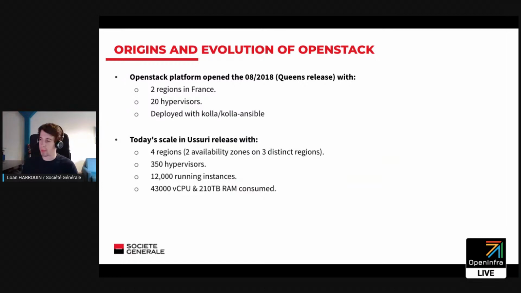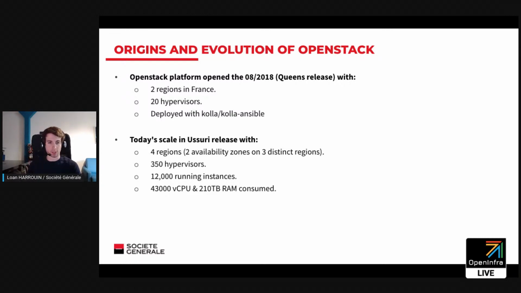So let's talk about the origin of OpenStack and where it comes from. The OpenStack platform in Societe Generale started in 2018. It was first in the Queens release. At the beginning, we only had 2 regions available, one in Paris and one in the North, both in France, of course.